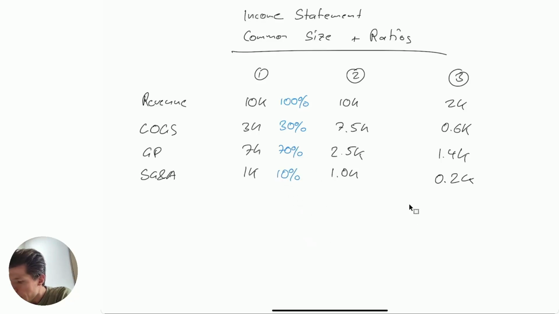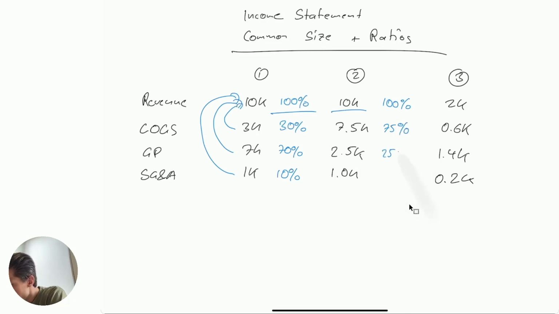So every single line item: 3 over 10, 7 over 10, 1 over 10, 30, 70, 100. If we do the same here, we would have 100%, 5%, 25%, and then 10%.